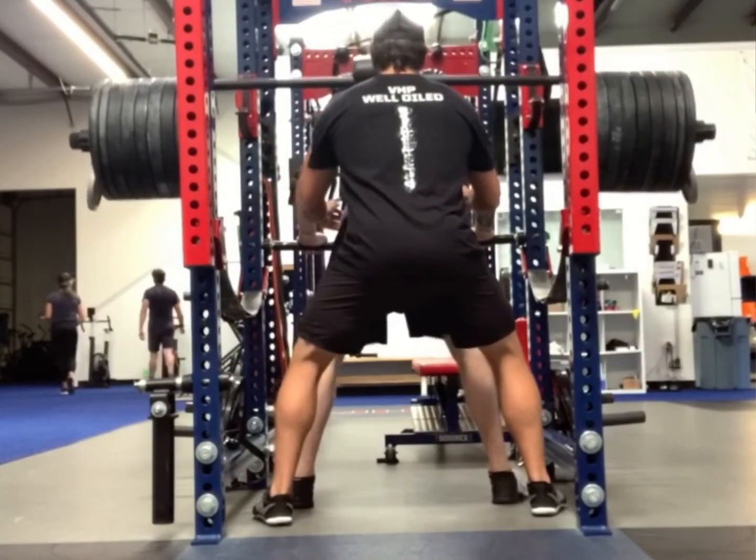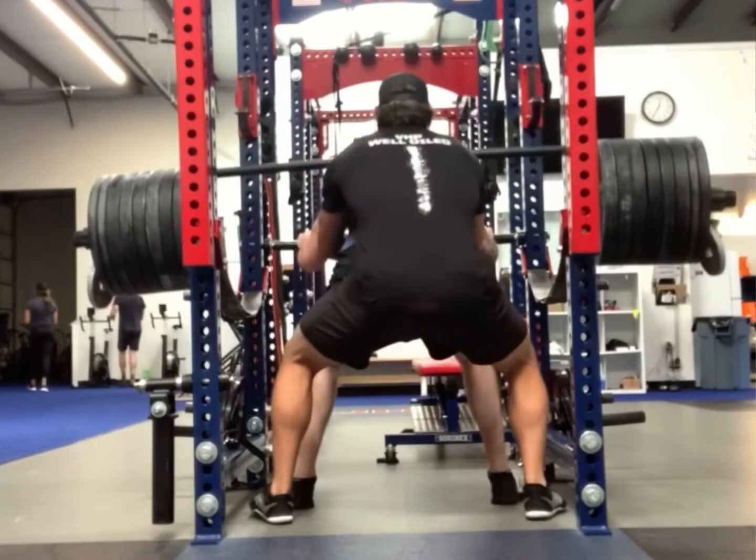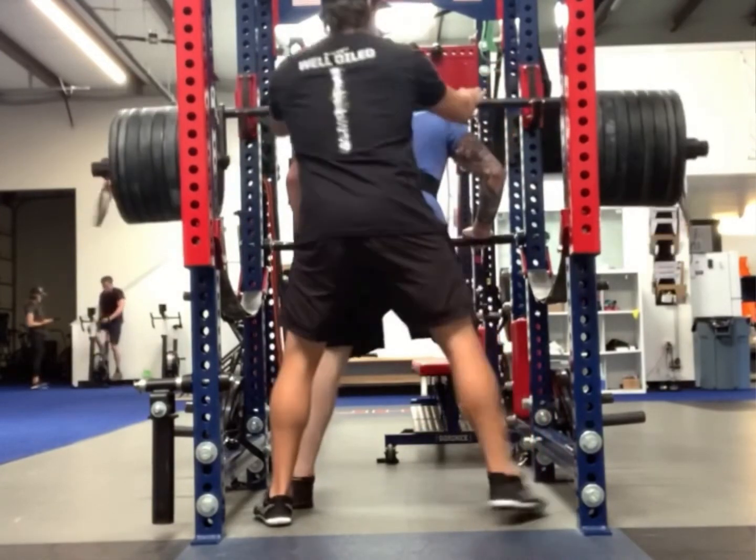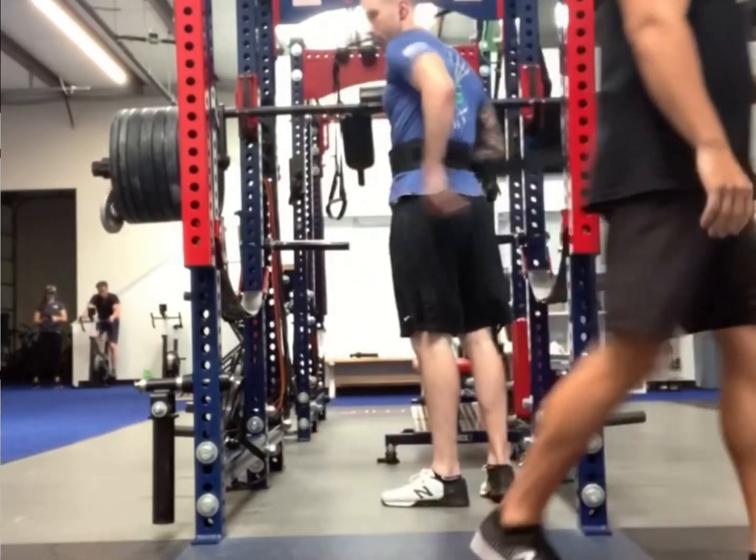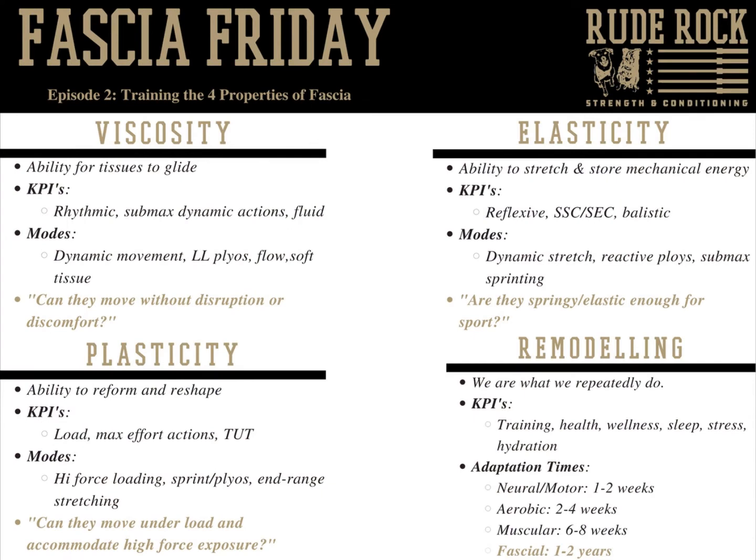This is, again, another simple assessment where we just want to simply look, can they move well under high load and accommodate high force exposures? If not, they need to improve their plastic properties.